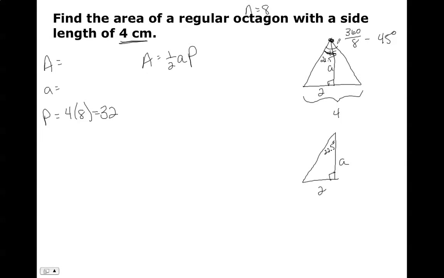Be careful not to use the 45-degree angle for your special right triangles because we did bisect that angle. So now, here's our angle, here's the opposite side, here's the adjacent side, and we are using tangent. So tangent of 22.5 equals the opposite over the adjacent. Make your proportion and cross multiply.